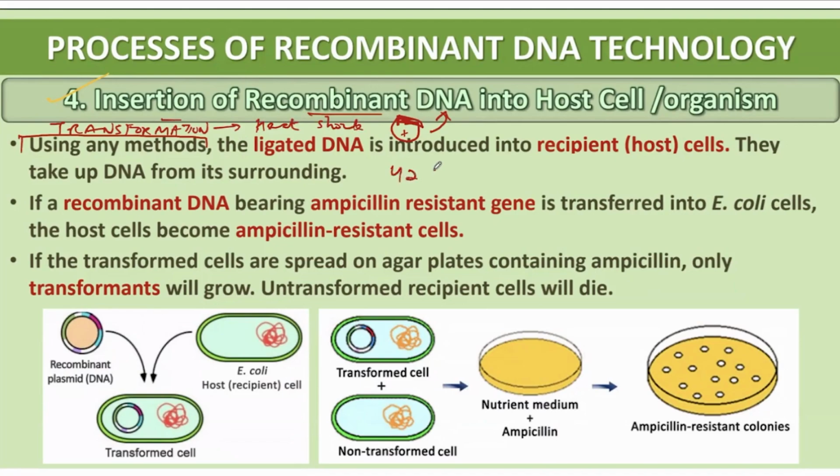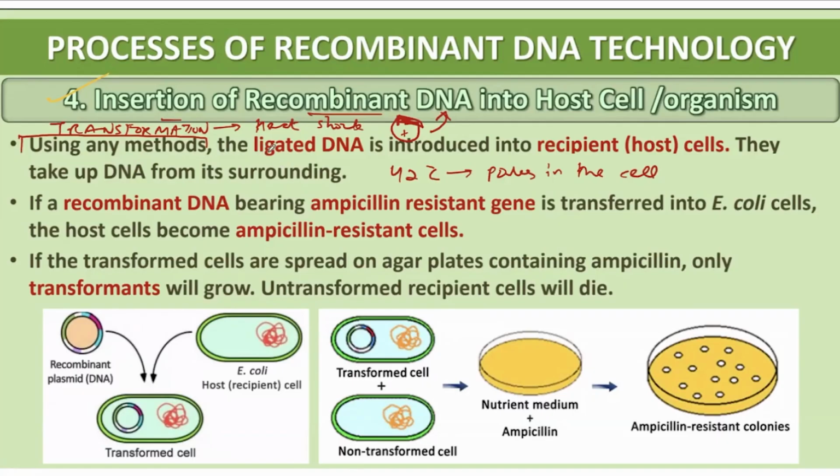Normally the bacteria are competent cells. After the DNA is added, we give a heat shock at 42 degrees, which opens up pores in the cell, and the host takes up the DNA. Using any method, in our case a heat shock method, that is transformation.